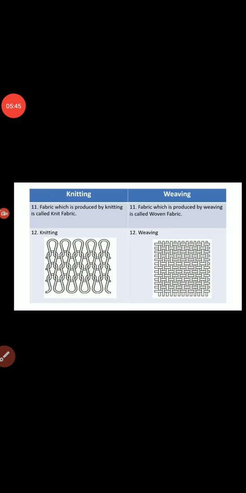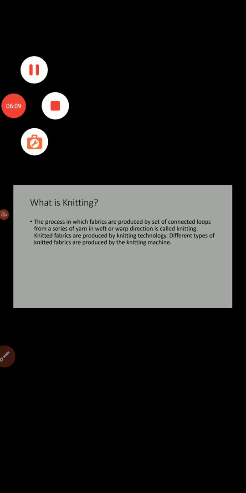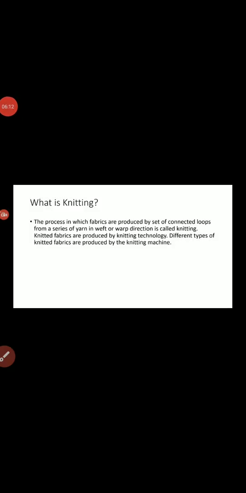In this lesson we have studied knitting and weaving, and we have also studied the difference between them. Weaving is the process in which fabrics are produced by interlacing two sets of yarn according to design. Knitting is the process in which fabrics are produced by a set of connected loops from a series of yarn in weft or warp direction. Knitted fabrics are produced by knitting technology, and different types of knitted fabrics are produced by knitting machines.